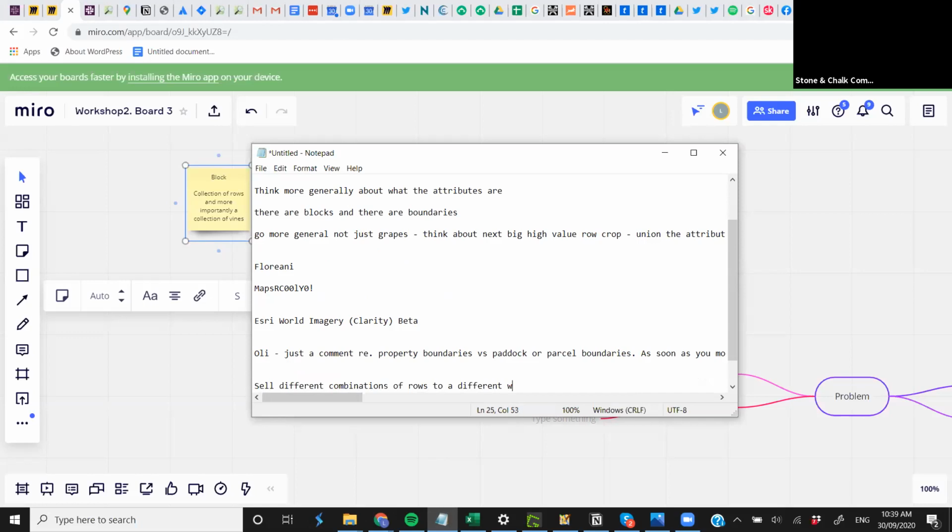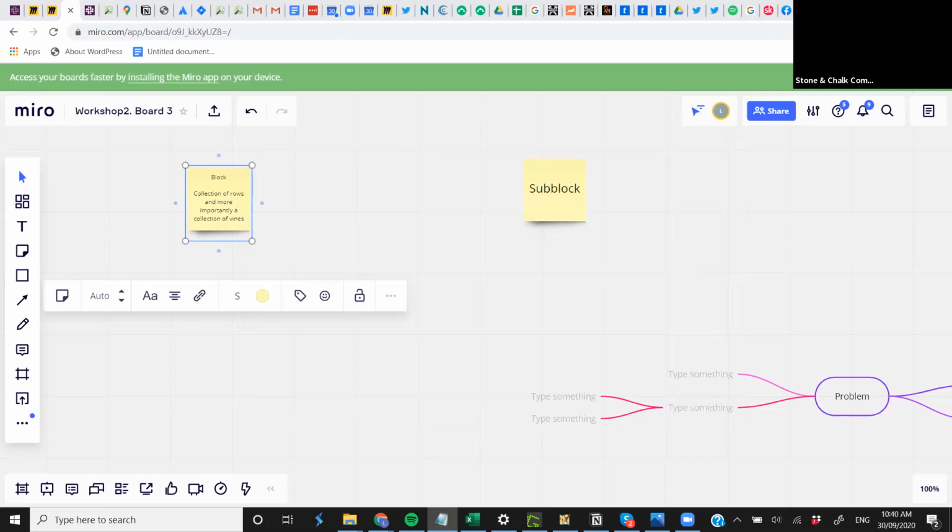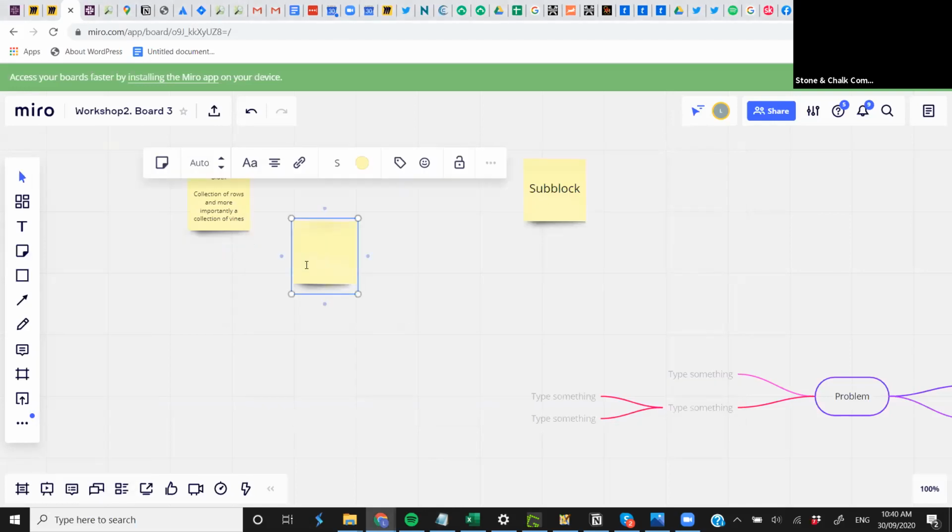So the smallest unit that we can manage becomes very important. Currently we can identify rows, and if you want to take it all the way back to the nursery, we could potentially identify vines as making up those rows.